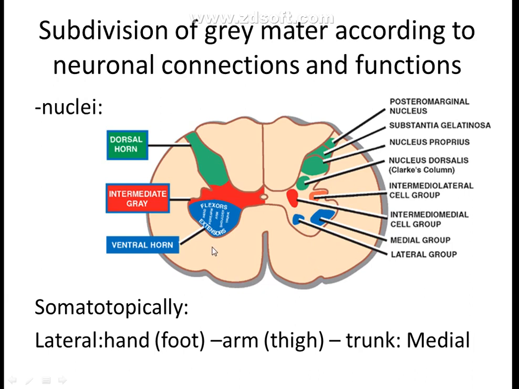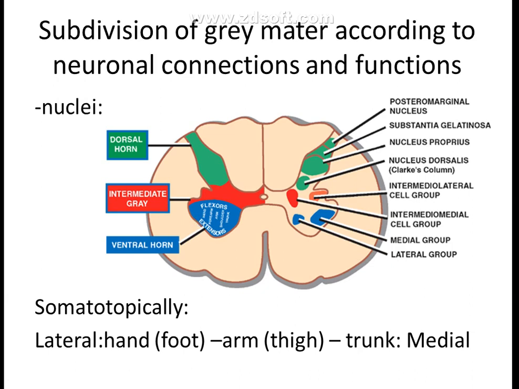Other studies show what's called somatotopia. They show that the ventral motor horn of the spinal cord has neurons concerned with motor function of the hand in the lateral part of the ventral motor horn.